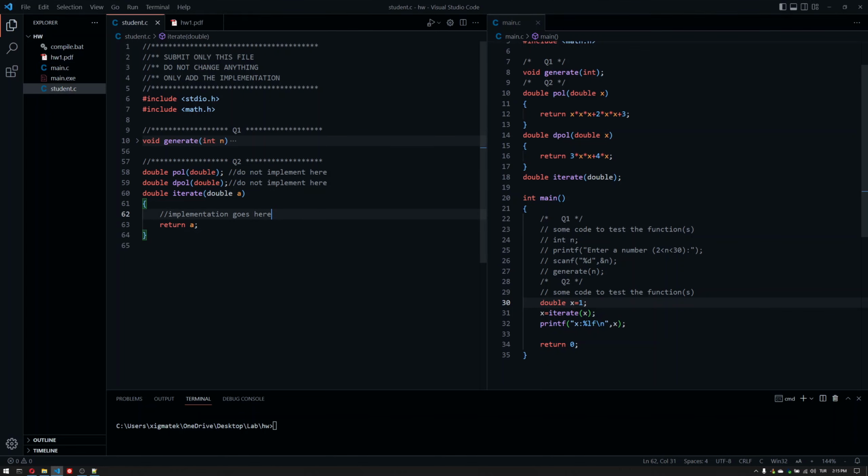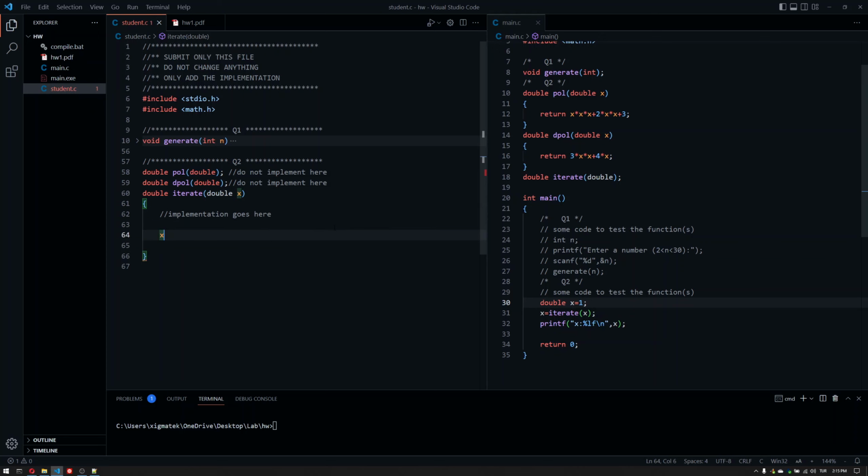Now, on the implementation of this, we will use a recursive algorithm. So let's start with that. Well, first of all, we have basically x here. So let me call it x, by the way.